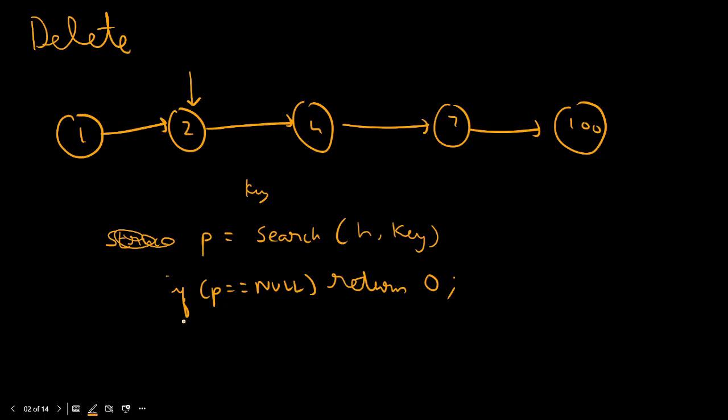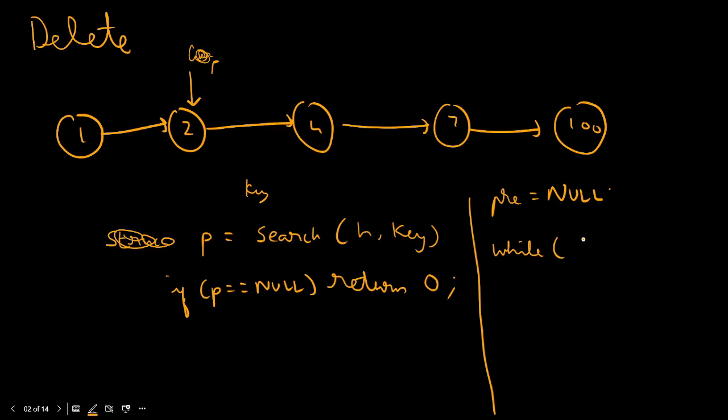Now, if I have the key, I need to go find a pre. This is my pointer, let it be cur or p. I need a pre pointer also to change the next pointer. So let us see how to get to the pre pointer. I'm going to initialize pre to null, and then I'm going to do this.